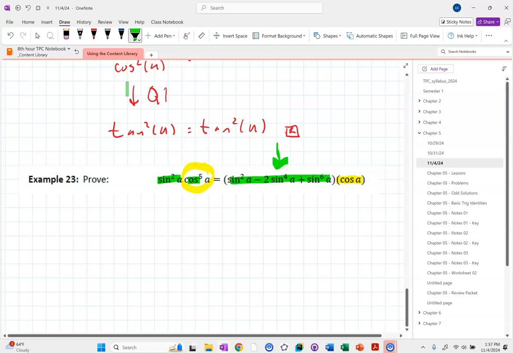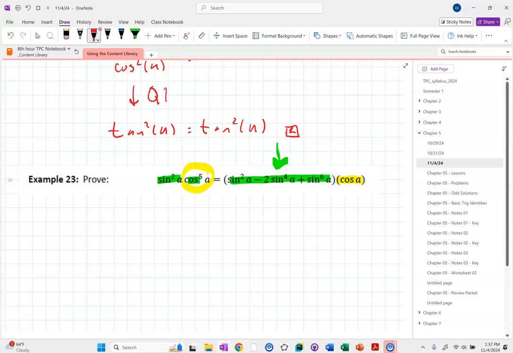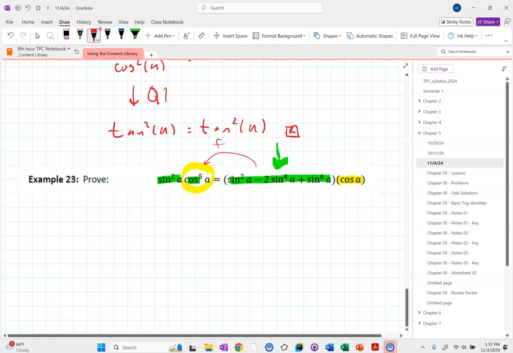When I look at a trinomial like that, what do you think when you see a trinomial? You should be thinking about factoring, right? Now, to go this way, we're going to end up having to factor.